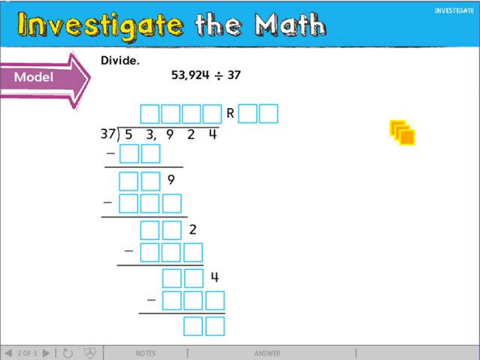Okay. First thing I'm going to do is I'm going to look at 37, and I'm going to say, okay, 37 cannot go into 5. So I have to go to the next digit, which is the 3. So now 37, 53. Now, I can sit here and try to figure this out the whole time, or I can cover up the ones place and say, okay, 3 goes into 5 how many times? 1 time.